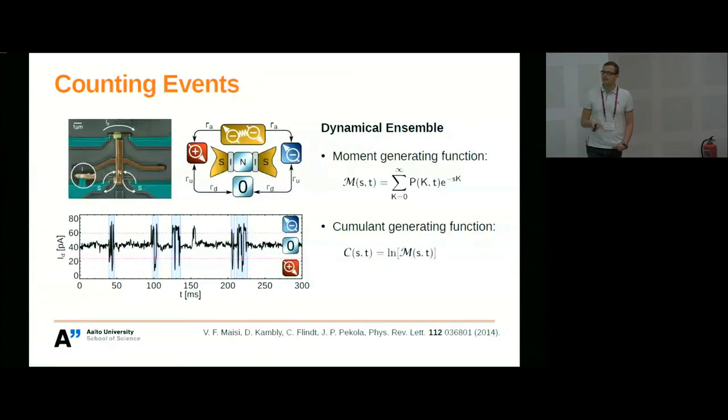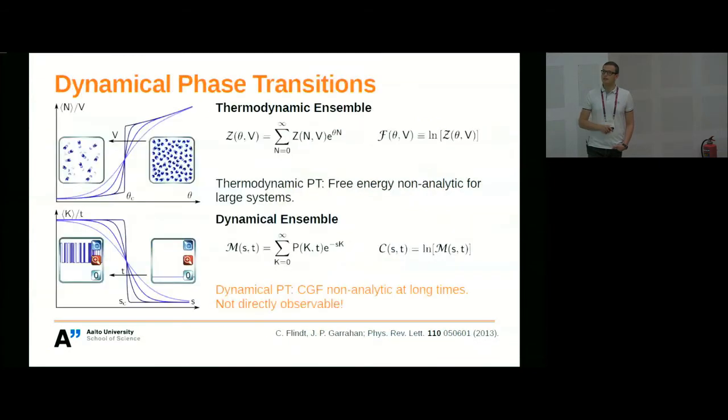That's basically it. And associated with this moment-generating function, I have a cumulant-generating function, which is just its log. Now, how is that connected to Yang-Lee zeros or thermodynamic ensembles? This is the analogy which I am trying to build.